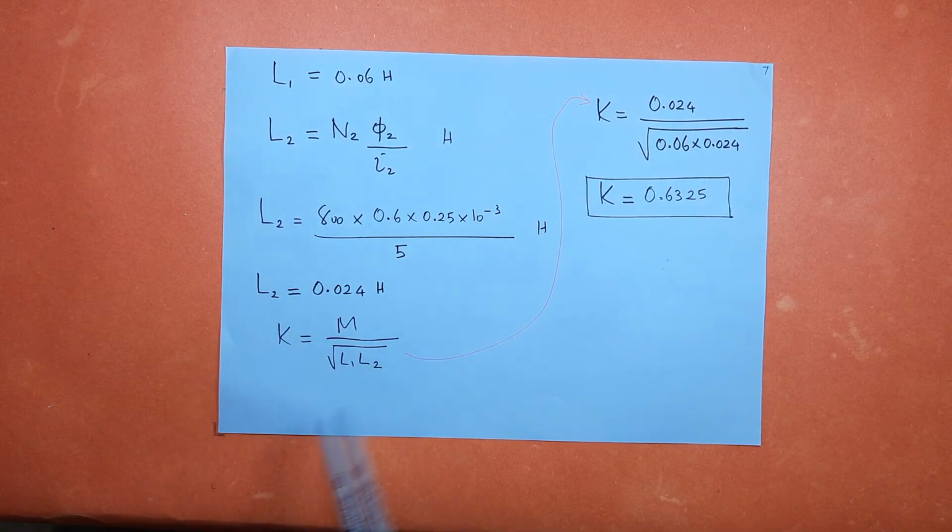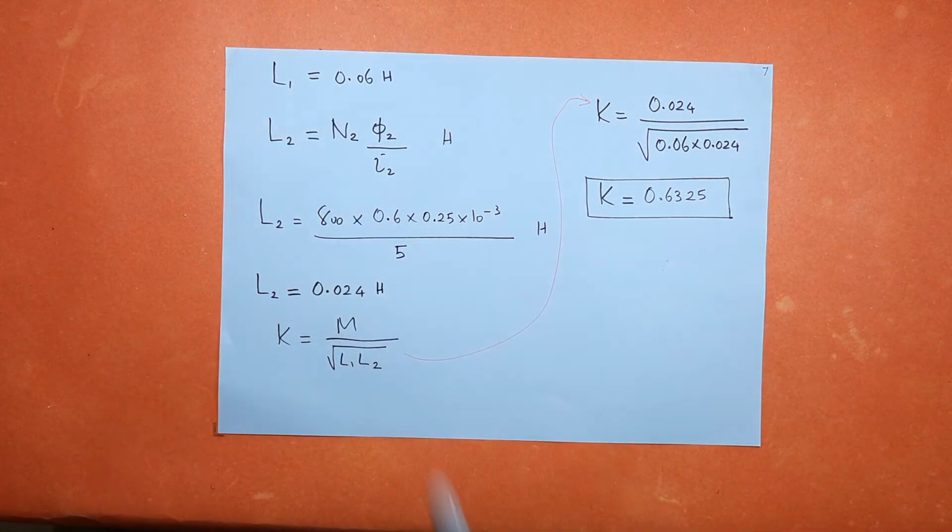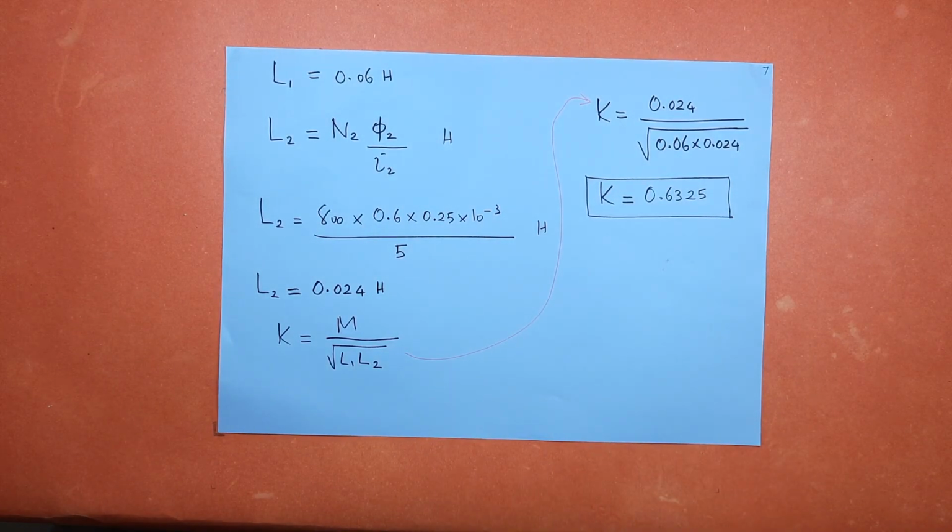So K equal to M divided by square root of L1 L2. M we already got, L1 L2 just now we got, just substitute: K equal to 0.024 divided by square root of 0.06 into 0.024. K is a factor, it's a coefficient, so no unit.